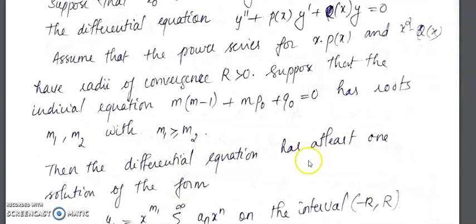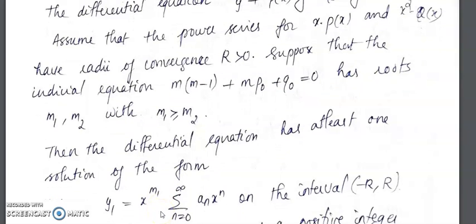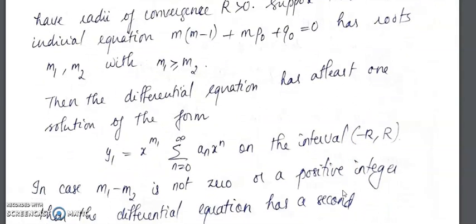Then the differential equation has at least one solution of the form y1 equal to x raised to m1 summation n equal to 0 to infinity a n x power n on the interval minus r to r.